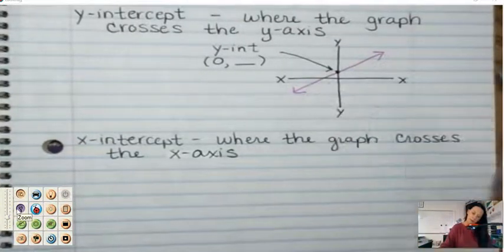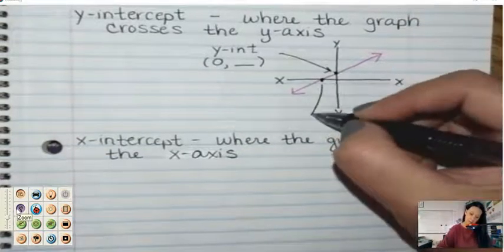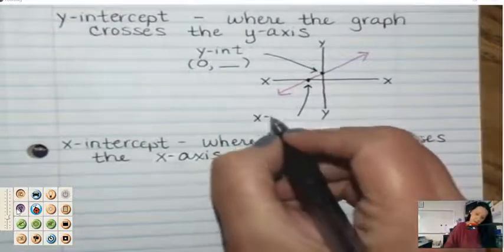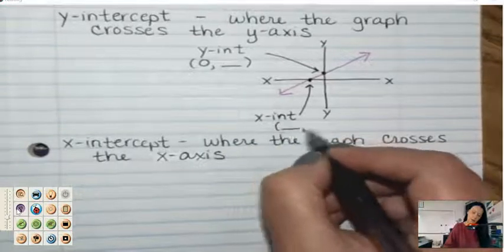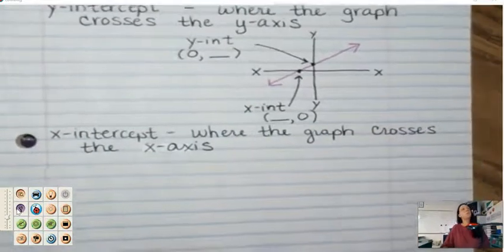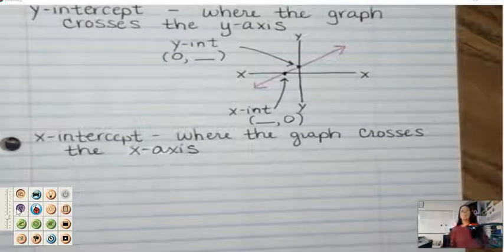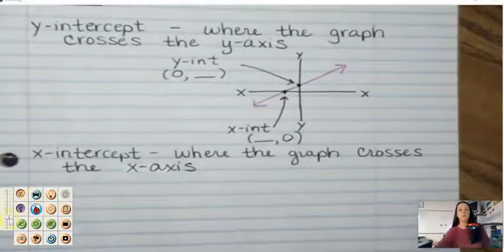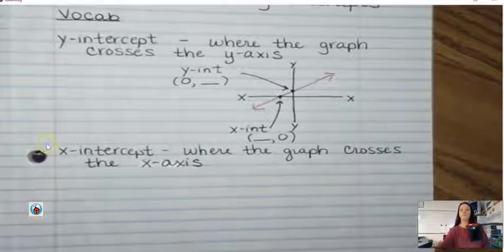So on the graph that I already created, that's going to be this point. That'll be the X-intercept, and the X-intercept is always written as a point, blank, 0. So the X and Y intercepts are just where your graph hits the x-axis, where it hits the y-axis.